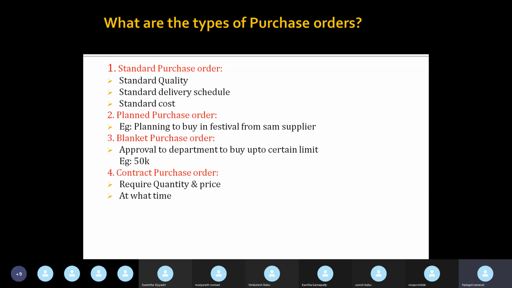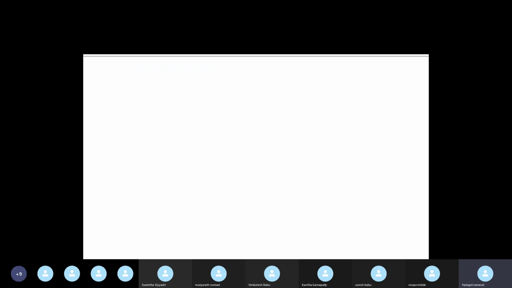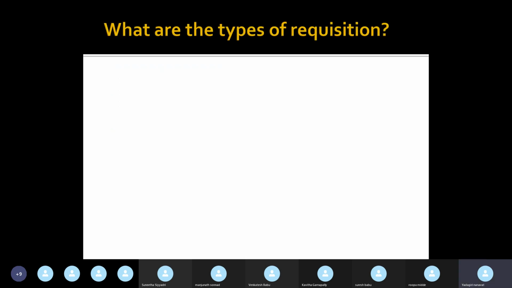These are also very important interview questions. What are the types of requisitions? Can anyone? Yeah, internal requisition.